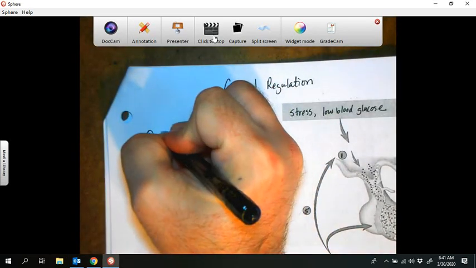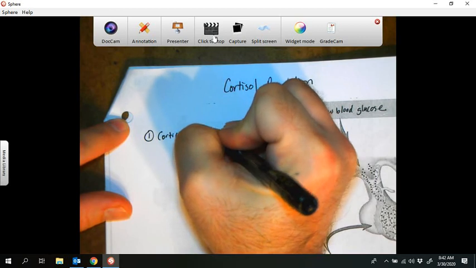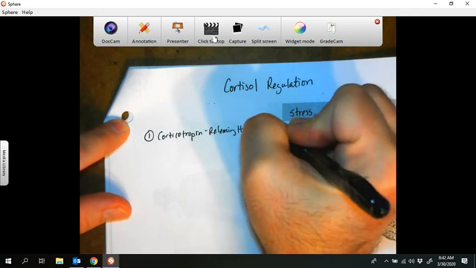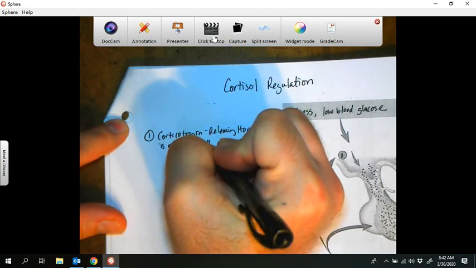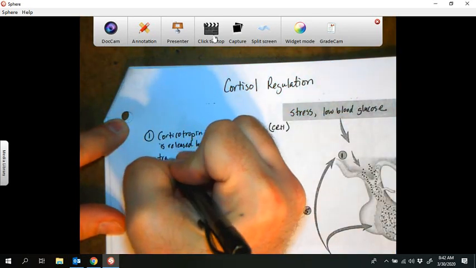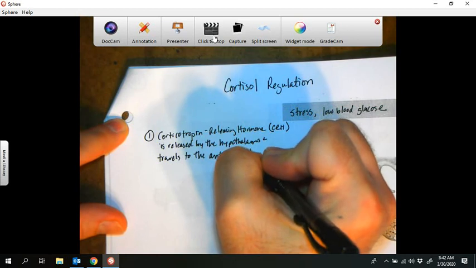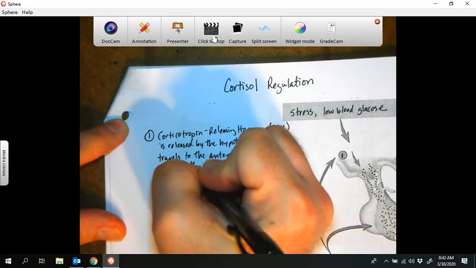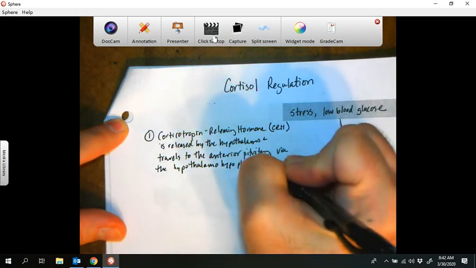Corticotropin releasing hormone, or CRH, is released by the hypothalamus, and that travels to the anterior pituitary via the hypothalamo-hypophyseal portal system.